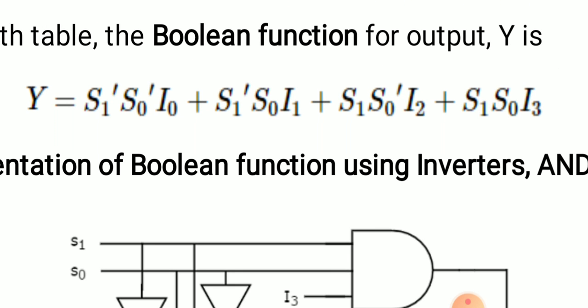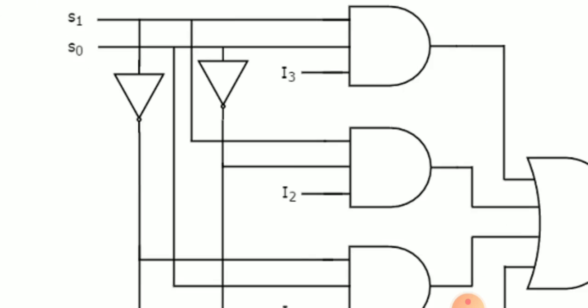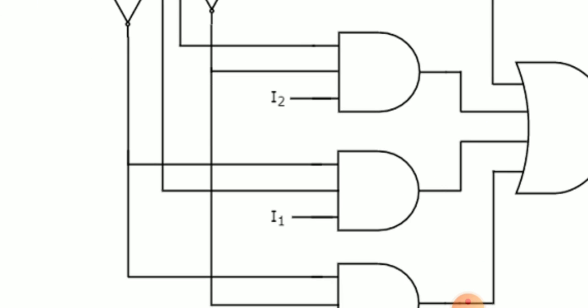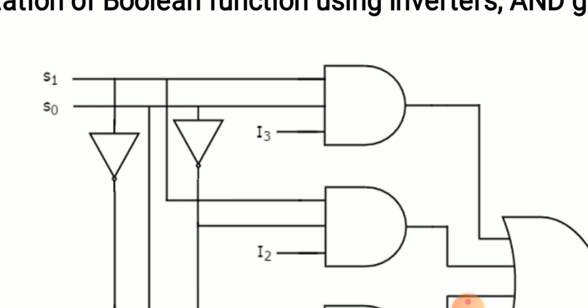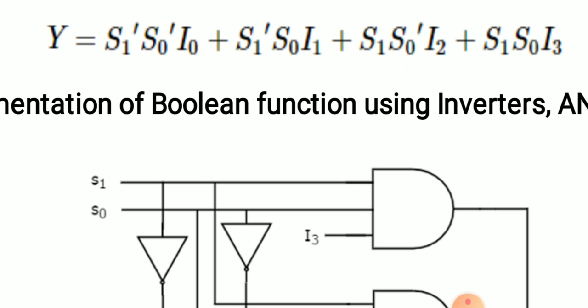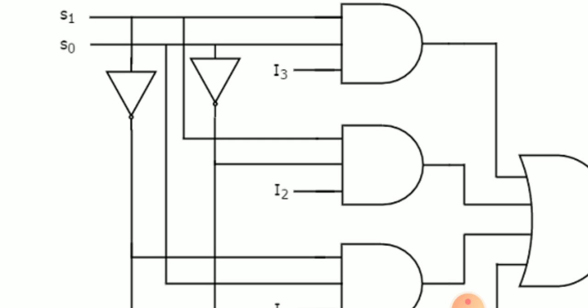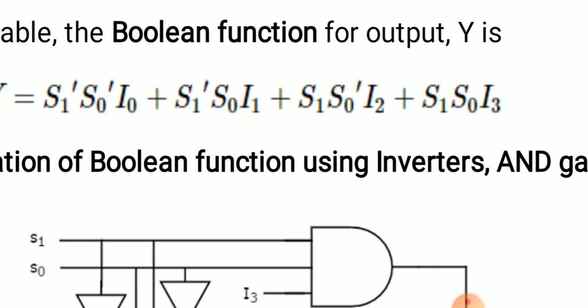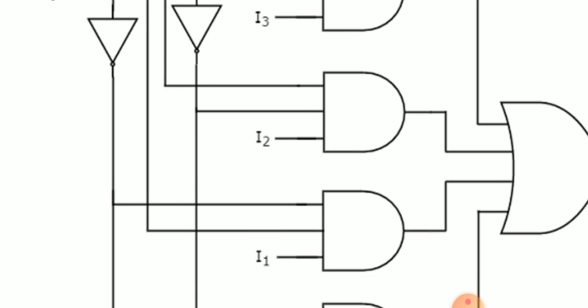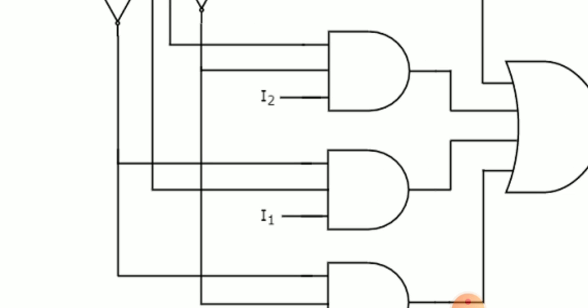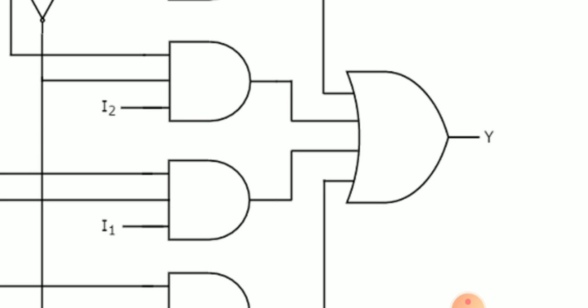And the second part, that is S1 dash S0 I1, is performed using the second AND gate. The inverted value of S1 and the value S0 along with I1 will be passed through an AND gate, and it is ORed to get the Y value.